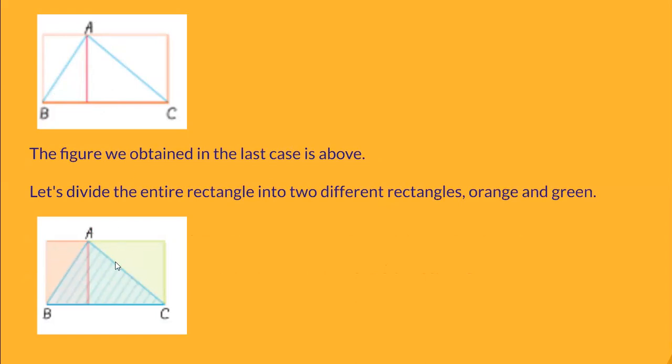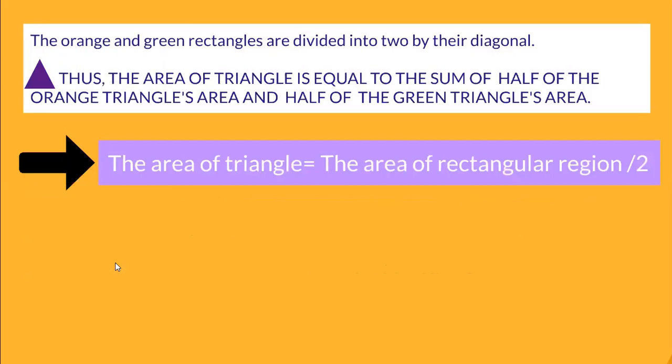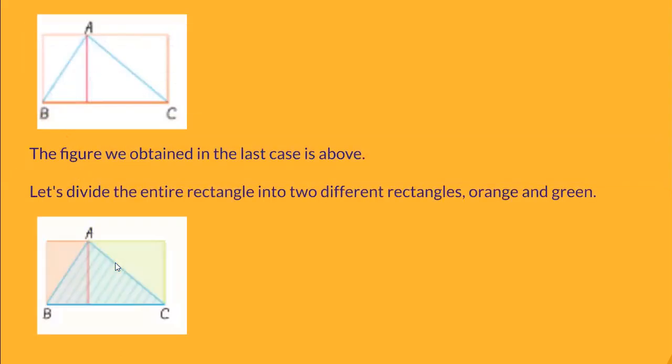Two different rectangles. Be careful. The orange and green rectangles are divided into two by their diagonal. Thus, the area of triangle is equal to the sum of half of the orange rectangle's area and half of the green rectangle's area. Okay? Can you see?